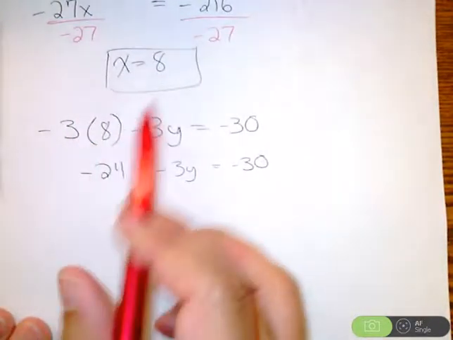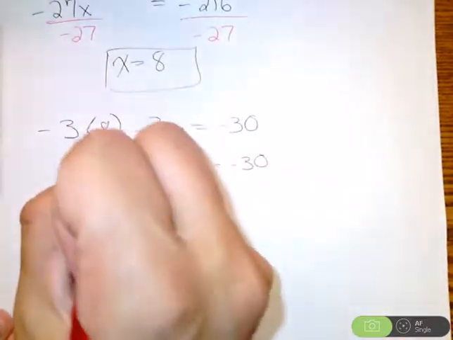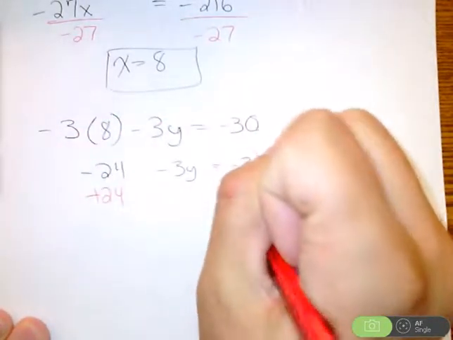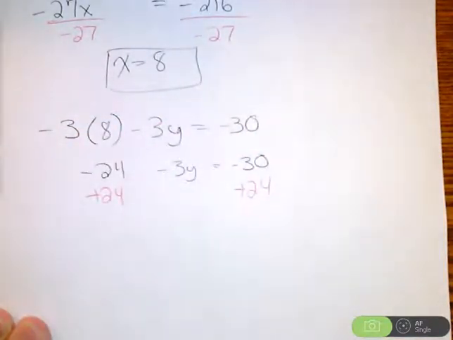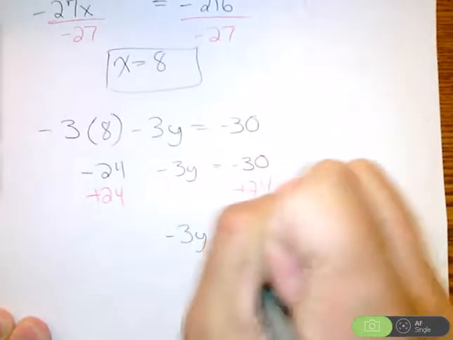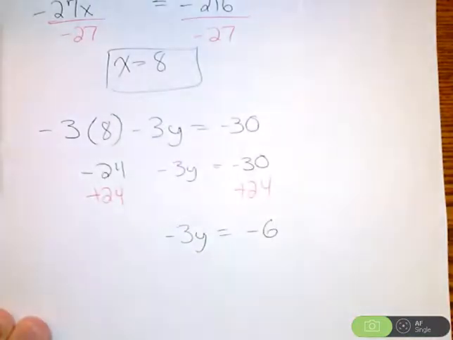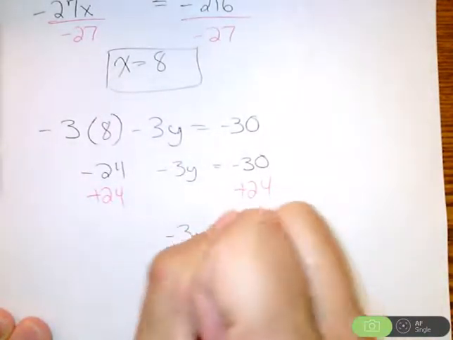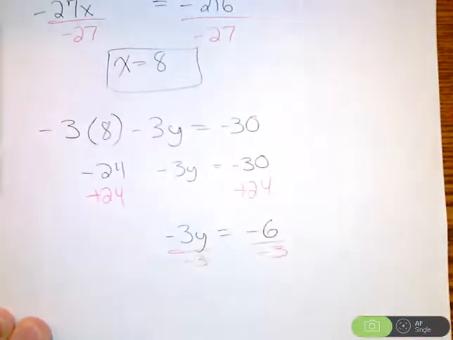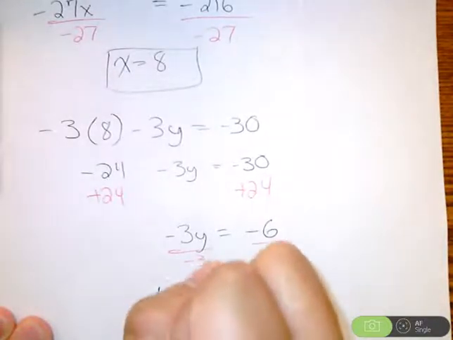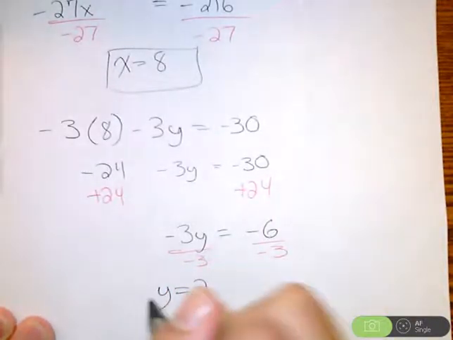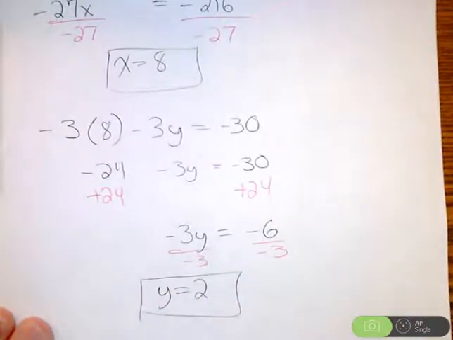So I substituted in the 8, multiplied. Now we're just down to basic algebra skills of solving. I'm going to isolate the y by moving the 24 over. So negative 3y equals negative 6. Divide by negative 3. We come to y being 2. And that's another way of solving, this time by elimination.